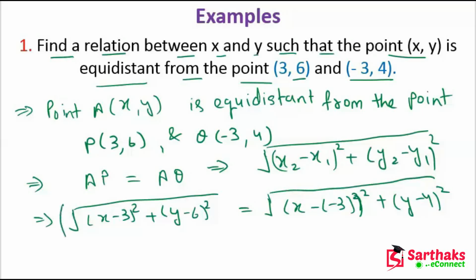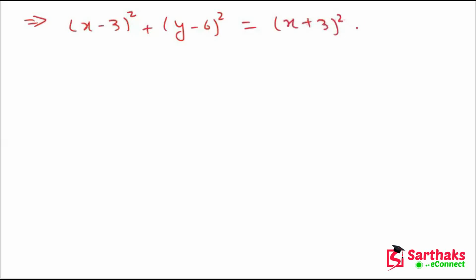Now we square both sides. We get (x minus 3) whole square plus (y minus 6) whole square is equal to (x plus 3) whole square plus (y minus 4) whole square. Now open these whole squares.